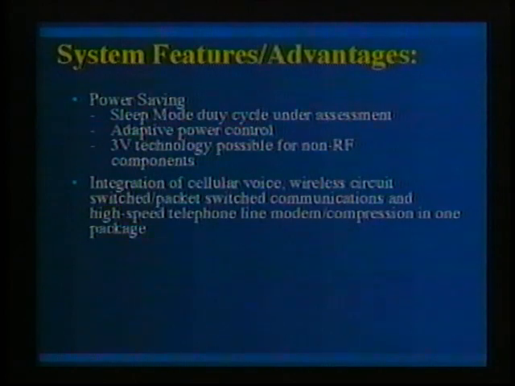And finally, with the evolution of technologies for PCs and palm tops, etc., heading towards 3-volt technology, it appears that the entire digital processing for this approach can be accommodated in the 1993 timeframe with 3-volt technology other than the RF components. And that, of course, would provide quite a bit of flexibility for the designers as to how they want to take advantage of that possibility.